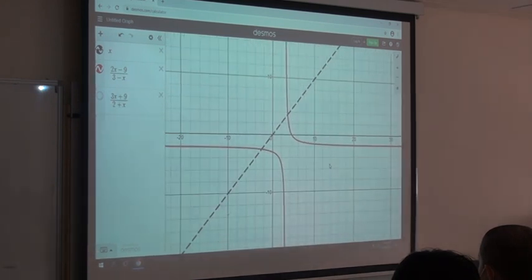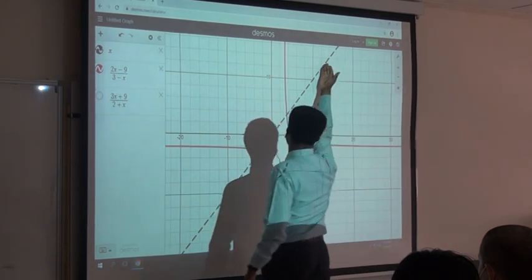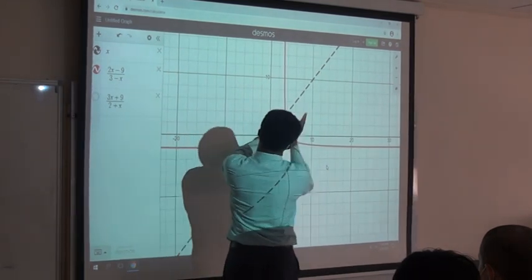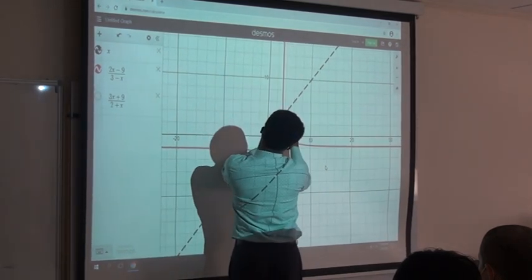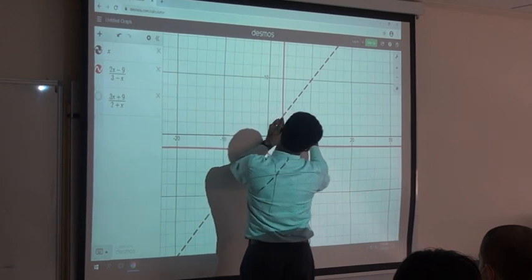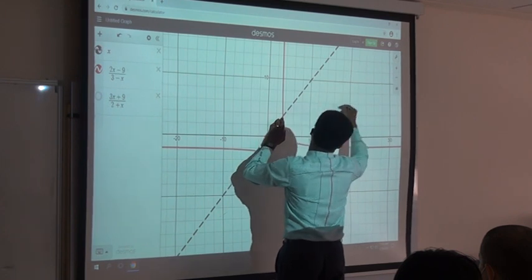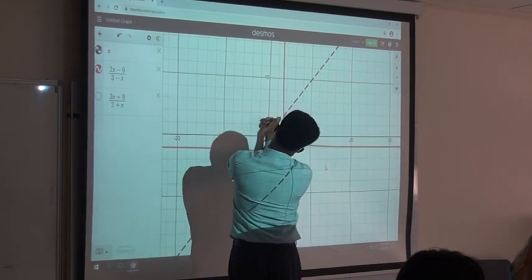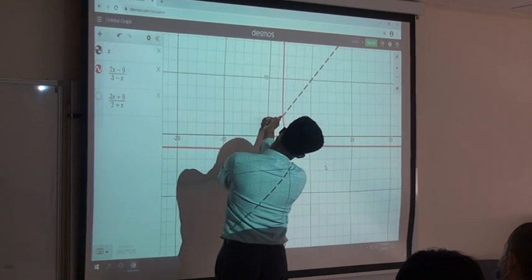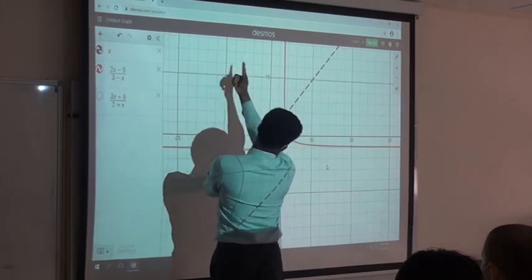You find the image. If this is the mirror line, you consider this part, then the image of this will have to go this way. The distance has to be the same. And the image of this will come this way. Understand?